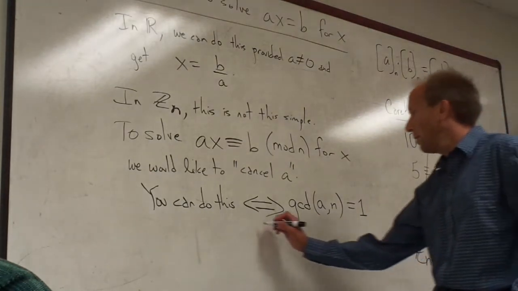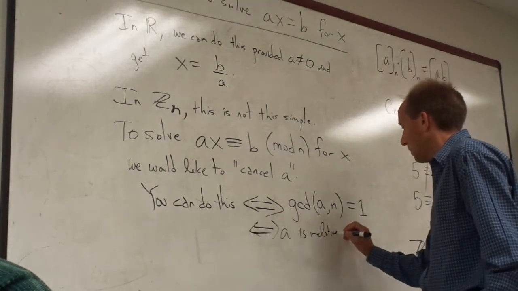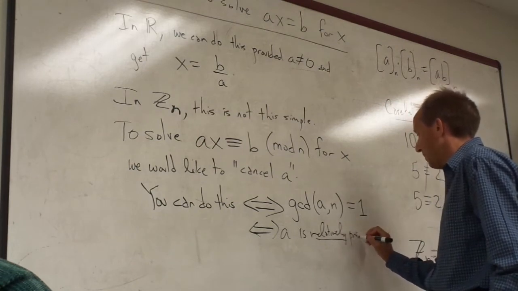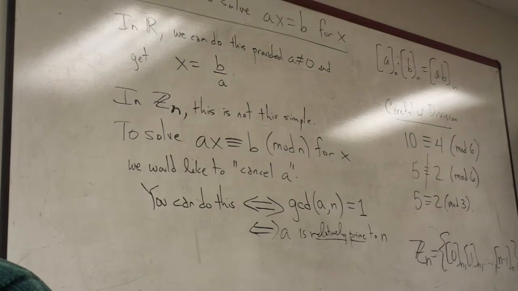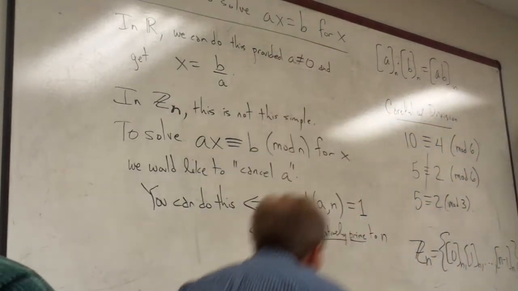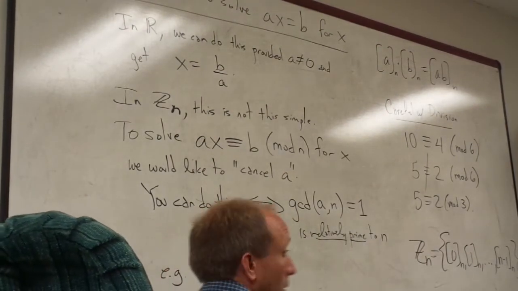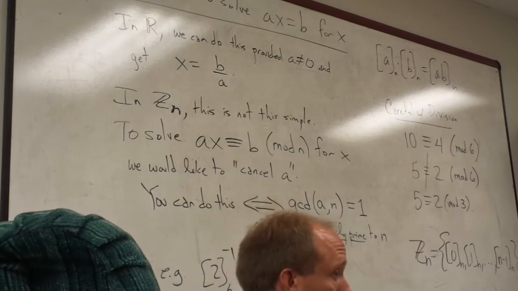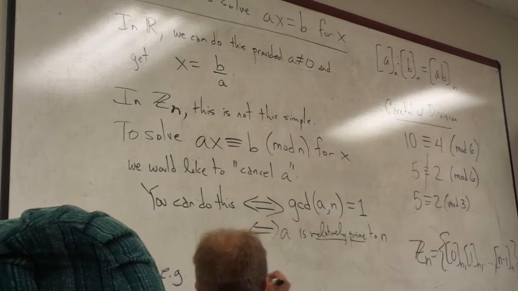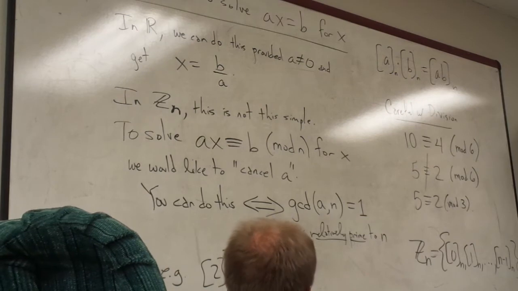So if and only if a is relatively prime to n. So for example, trying to find a reciprocal for 2 in the world of mod 6 does not exist because 2 is not relatively prime to 6.